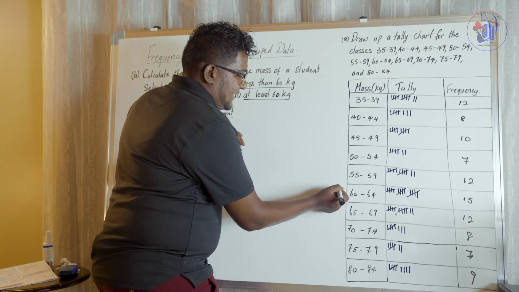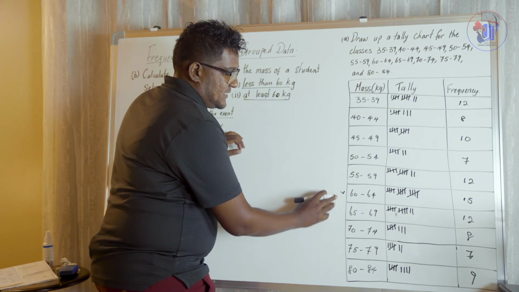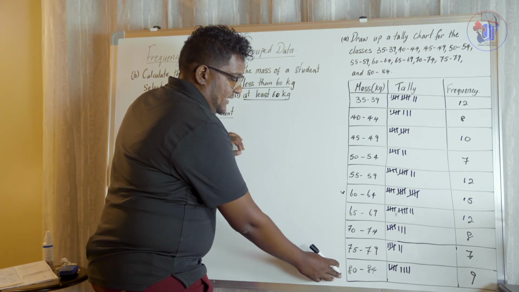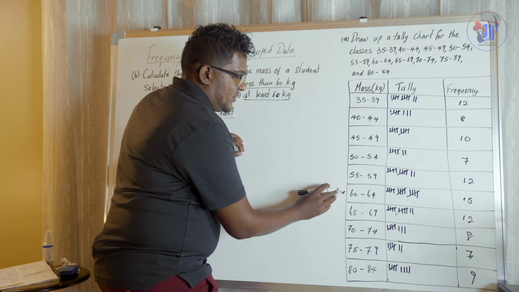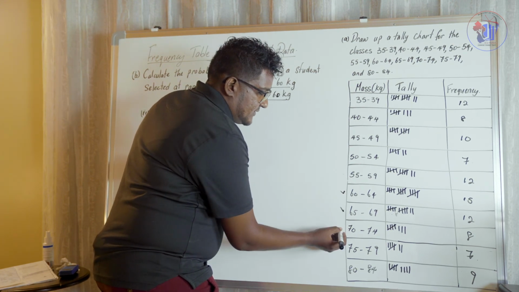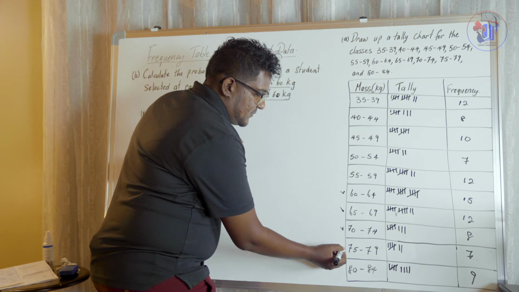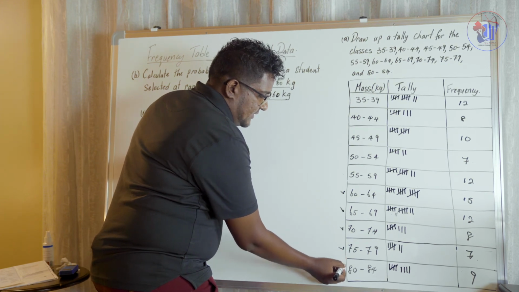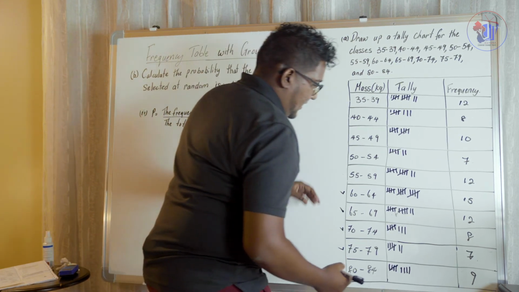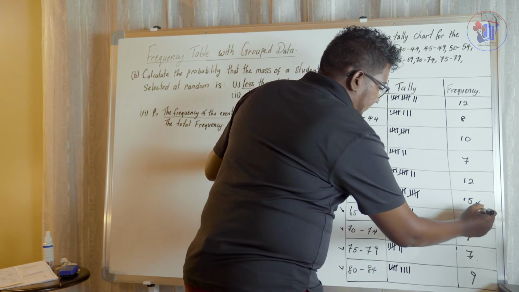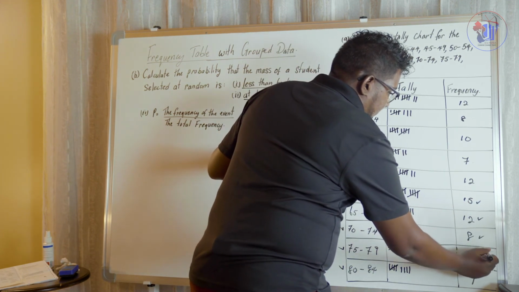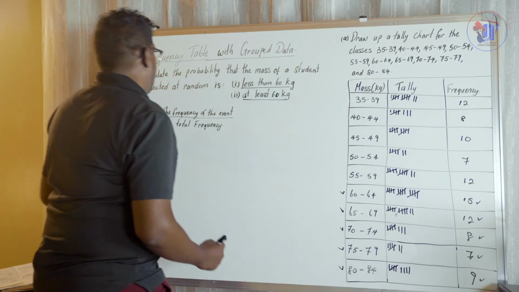So if 60 is the least, therefore we have to go from 60 to the class that's 80 to 84. So we're working with 60 to 64, 65 to 69, 70 to 74, 75 to 79, and 80 to 84. And those frequencies are 15, 12, 8, 7, and 9.